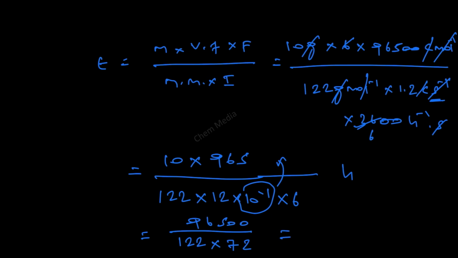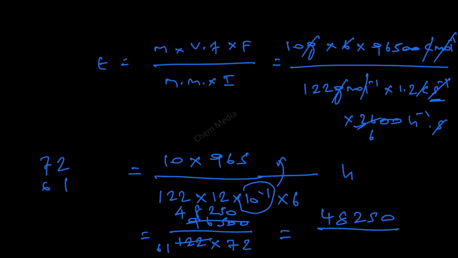So therefore we can write that, let's put this as 61 and this one as 4 and then remaining 1, so 8, and then 2 remaining 1, so 50. So 48250 divided by 61 times 72.